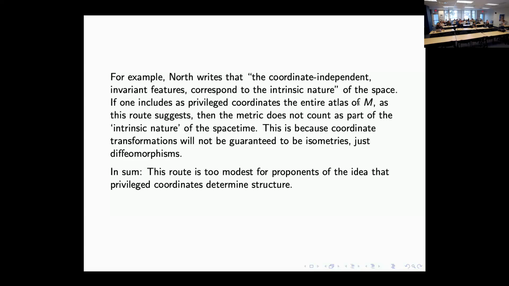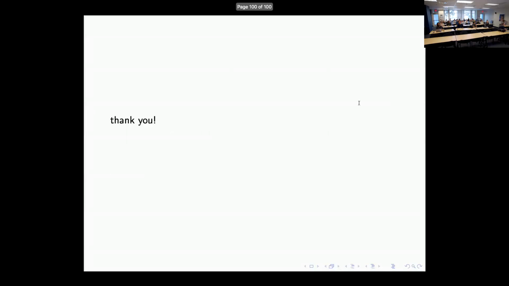The coordinate transformations are just guaranteed to be diffeomorphisms. So in sum, this route is too modest, at least for proponents of the idea that privileged coordinates determine structure. Okay, that's all I have. Thank you.